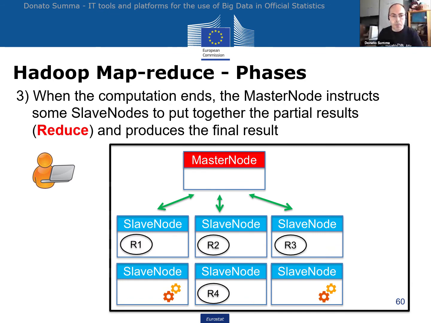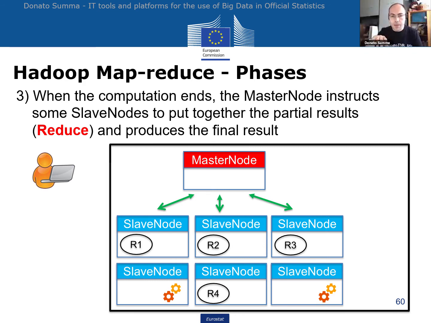Then, when the computation ends, the master node instructs some slave nodes to put together all the partial results and produce the final result. The slave nodes responsible for putting together the partial results can be the same slave nodes that operated on the data, but they can also be other slave nodes.